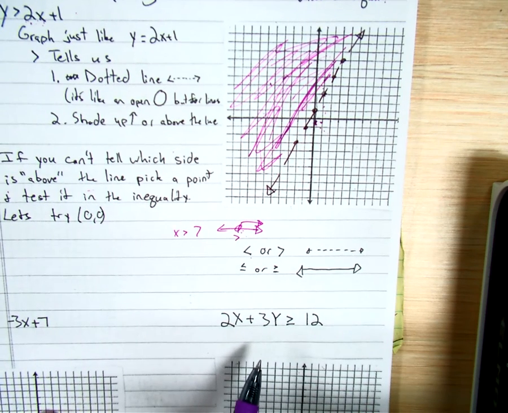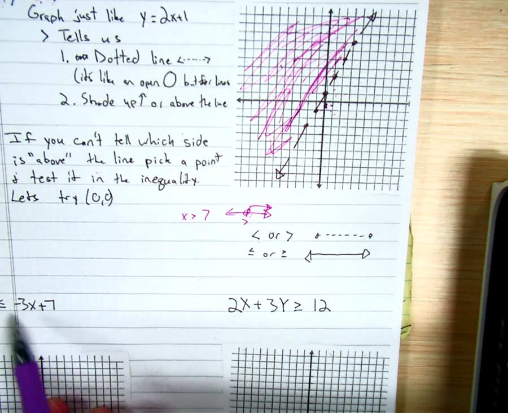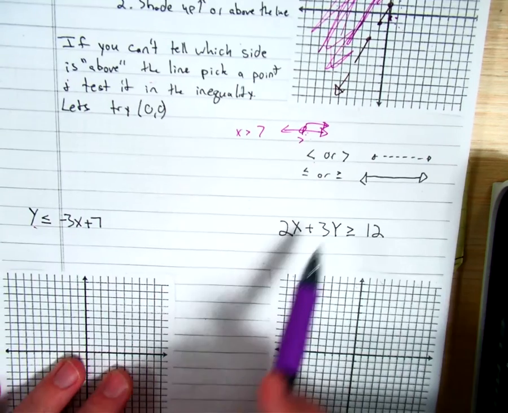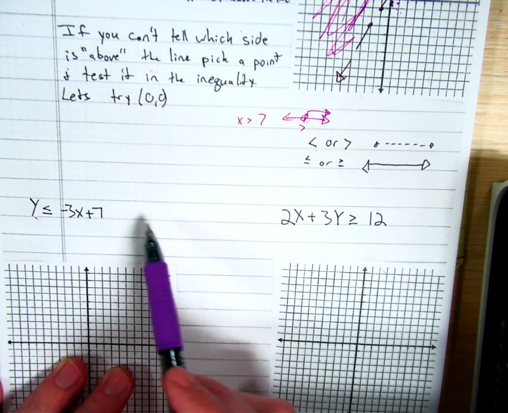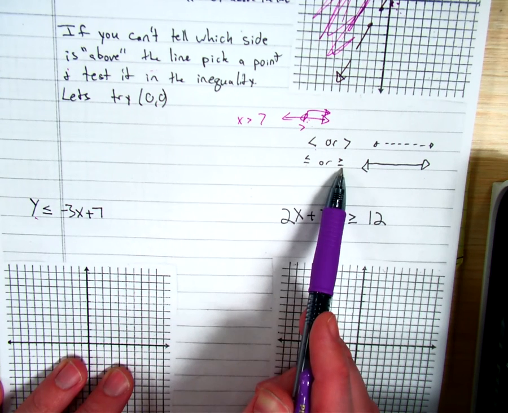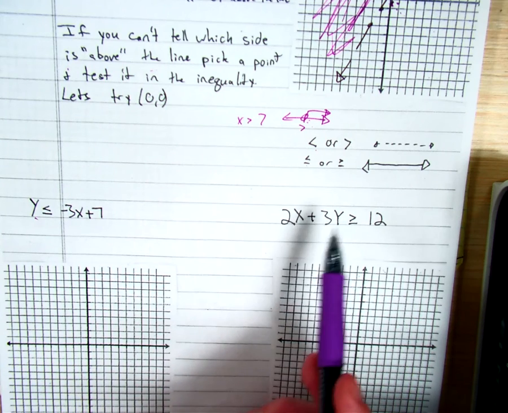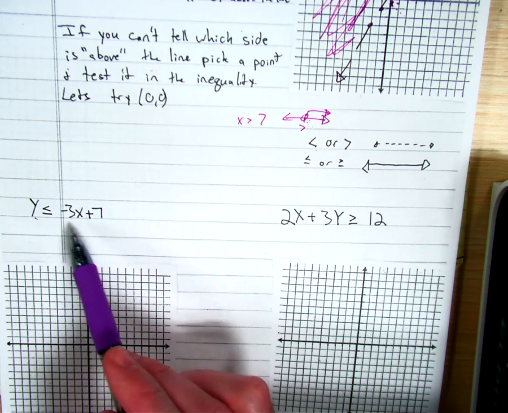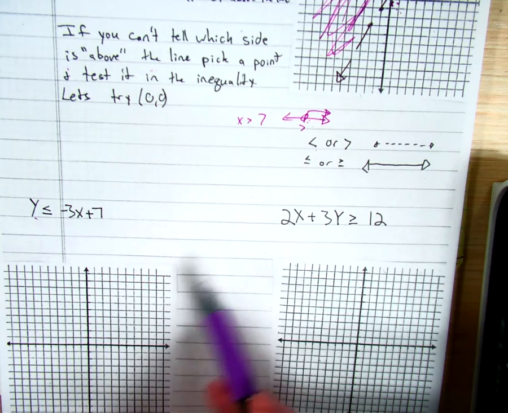All right, let's have you try the bottom left one. I'll zoom in there and give you 30 seconds, or I'll have you push pause, I guess. If it's less than or equal to or greater than or equal to, now the points on the line are the or equal to part. They make it equal to, so that is going to satisfy the inequality, so there's going to be a solid line.